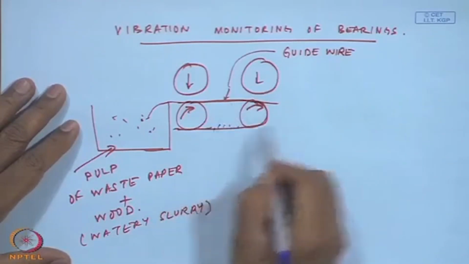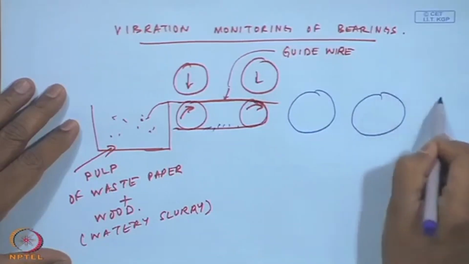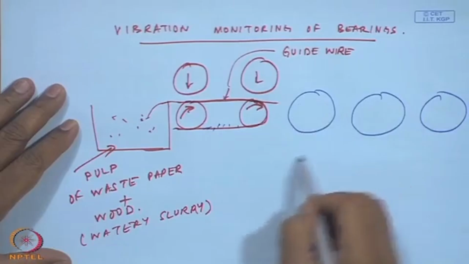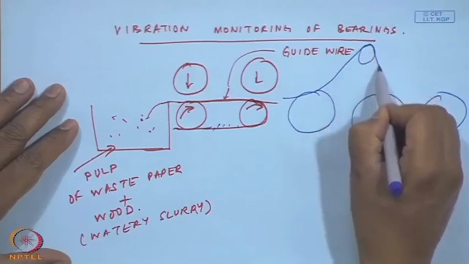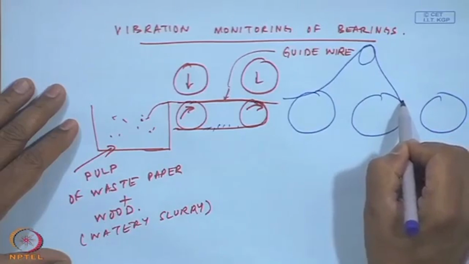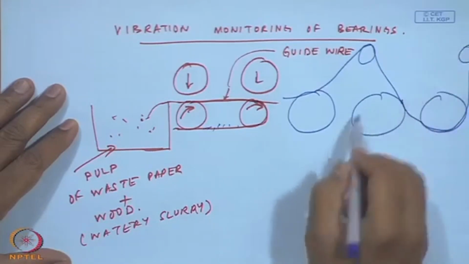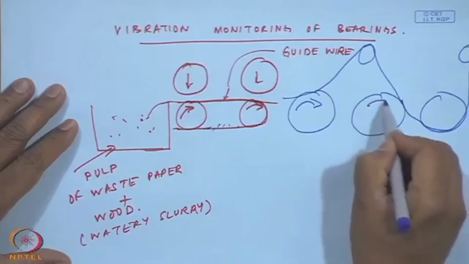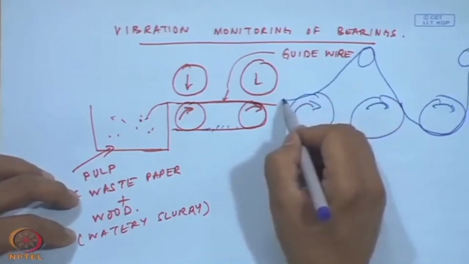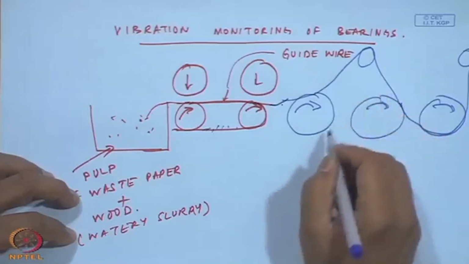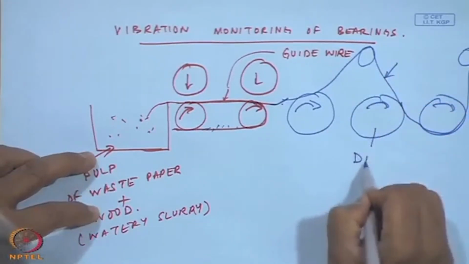And then there will be another series of rolls, and there is a series of rolls, etc. They are all rotating at very high speeds. And these rolls eventually take it off, and finally these are what are known as the dryer rolls.